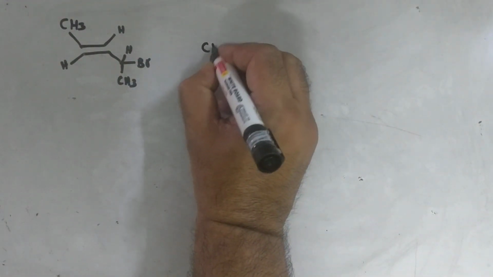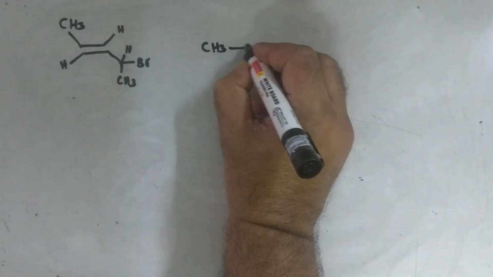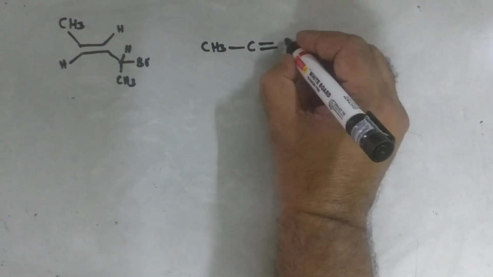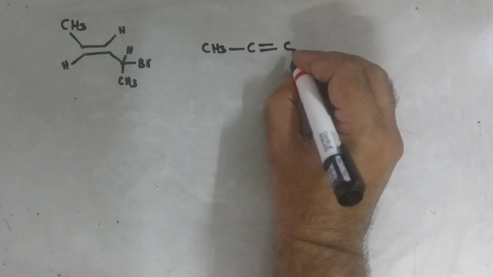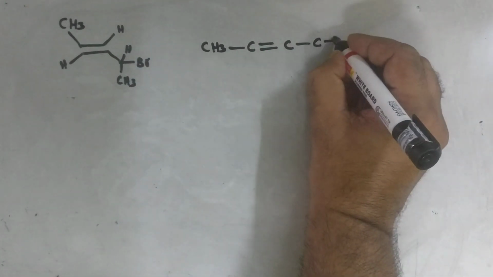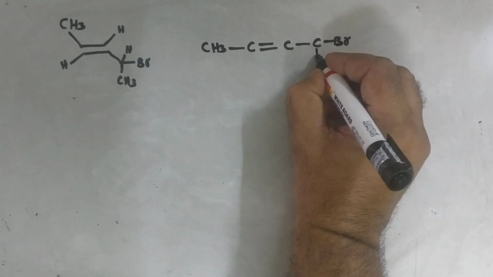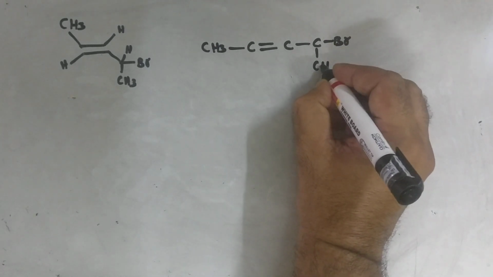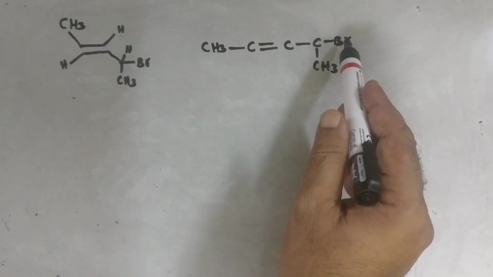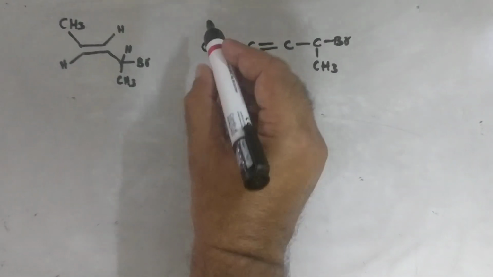So this is CH3, double bond, this carbon double bond, then another carbon, we have a Br. I hope we have done this particular example in the last class, but we can do it again, no problem. Double bond and Br, the double bond is given preference, so we number it from here.